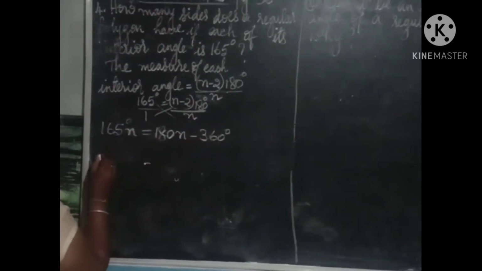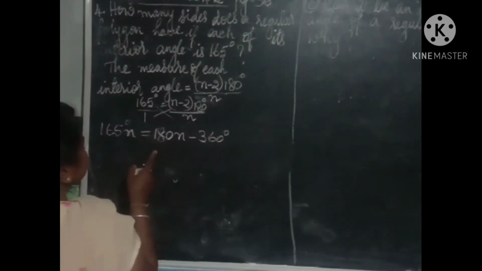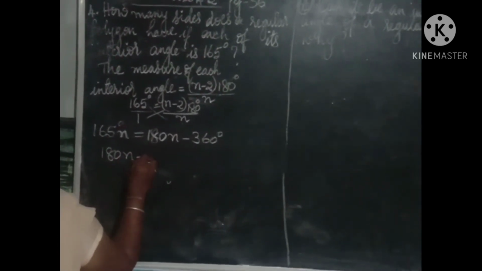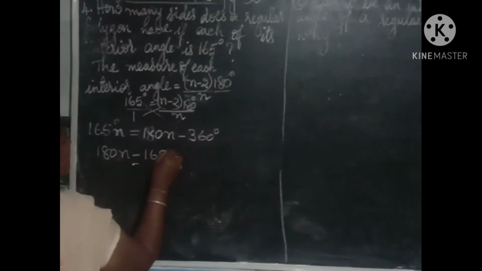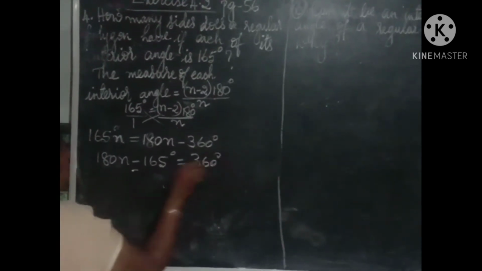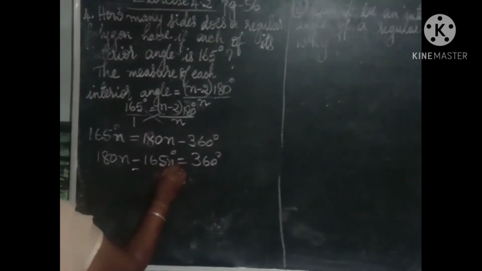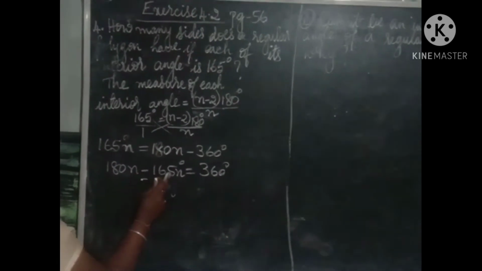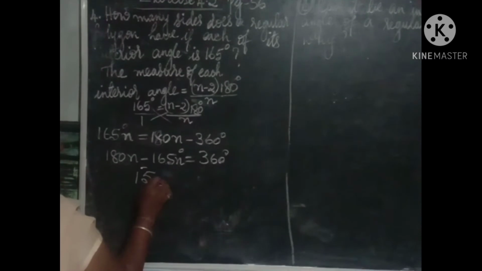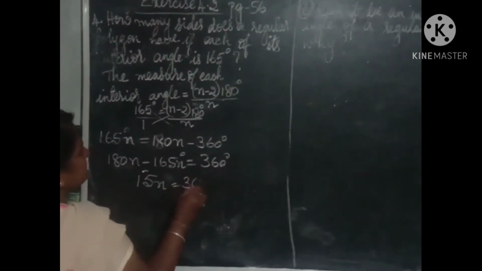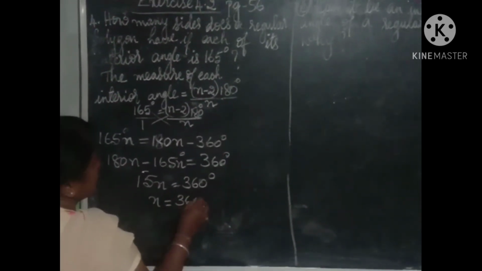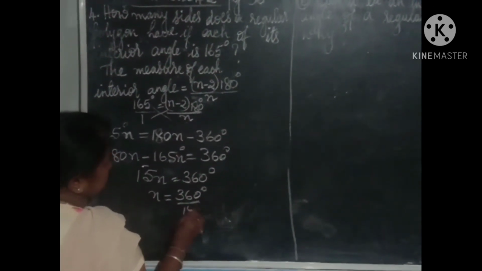Now just observe here. 180 n minus 165 n is equal to 360 degree. Now subtract, how much do you get? 10 minus 5 is 5, 7 minus 6 is 1. So 15 n is equal to 360 degree. n is equal to 360 divided by 15.